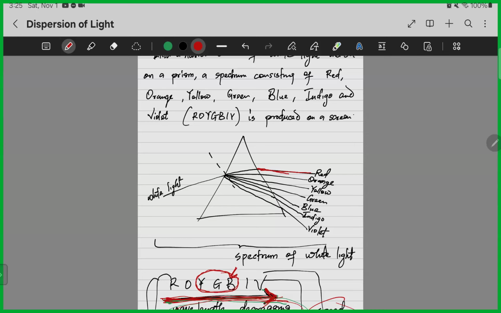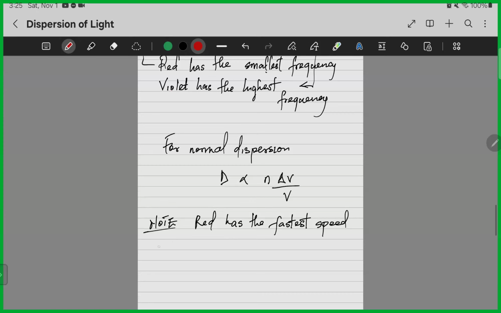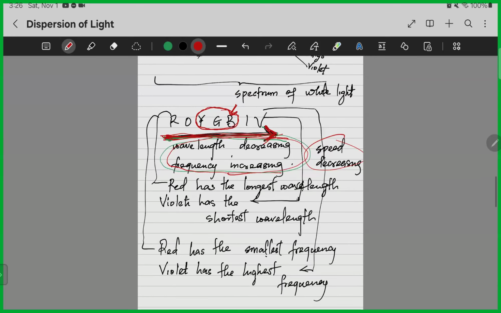So take note of that too, because red comes out first, and red is the least deviated. When it comes to the others, as they come out, they keep bending more and more. So red has the fastest speed and is least deviated. So the deviation also increases as frequency is increasing too.